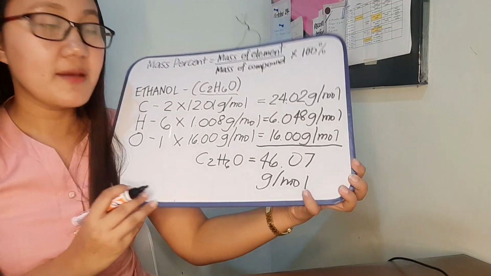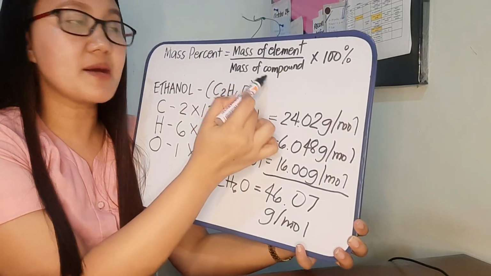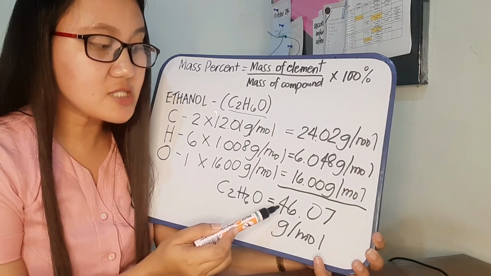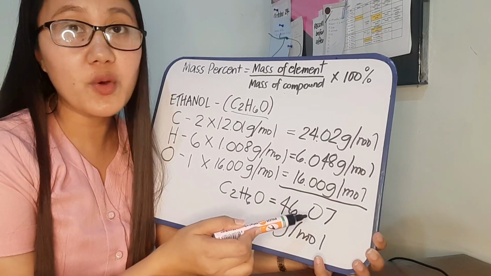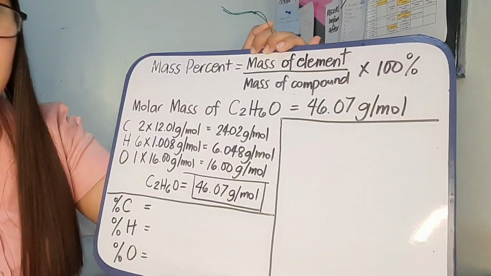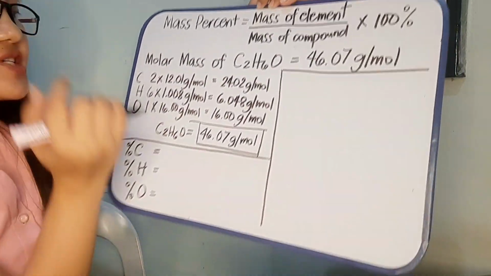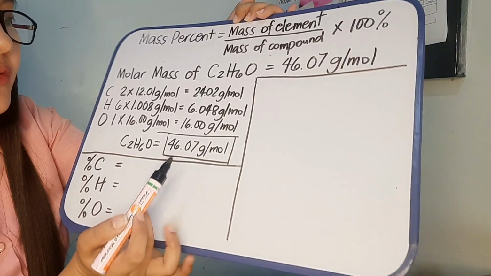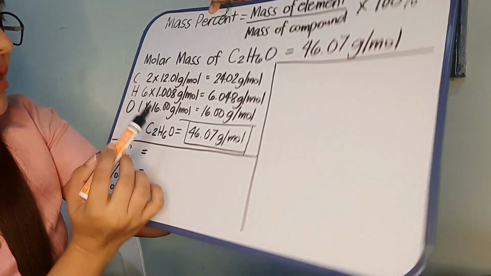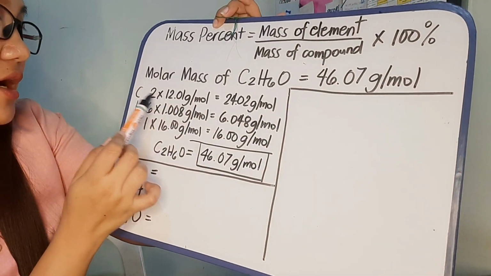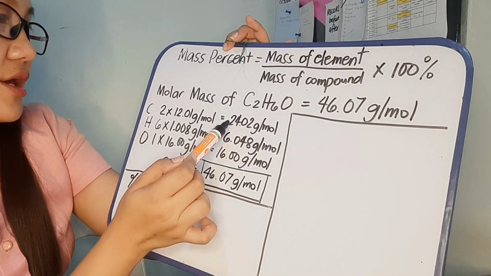Okay, ibig sabihin, meron na tayong pang-substitute dito sa mass of compound, which is 46.07. Okay? At since maliit lang yung space natin, pinagkasya ko na dito. Sinulat ko na dito sa katabing side yung kinumpute natin kanina na meron tayong 2 mole na carbon. Ayan.